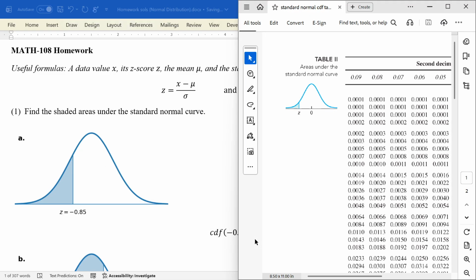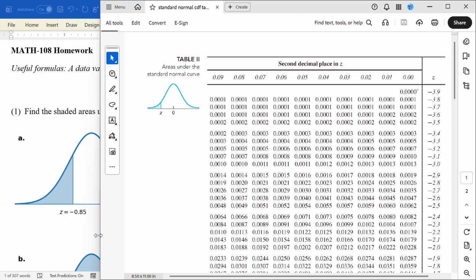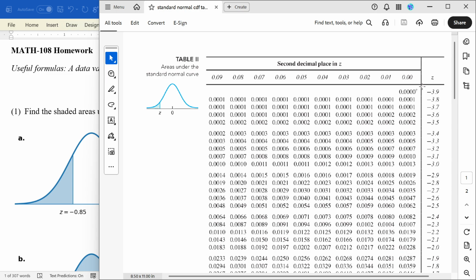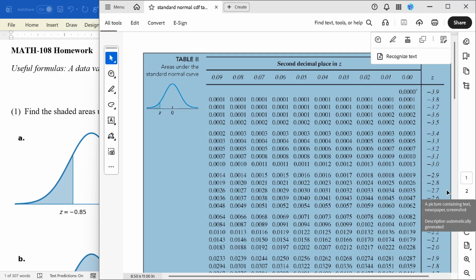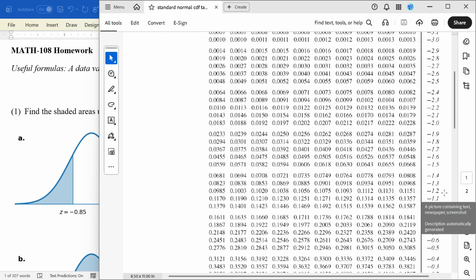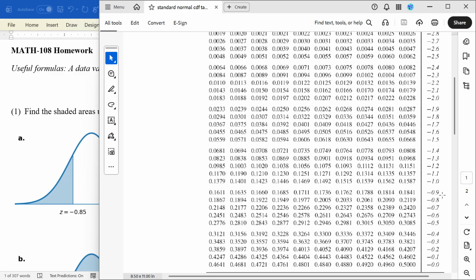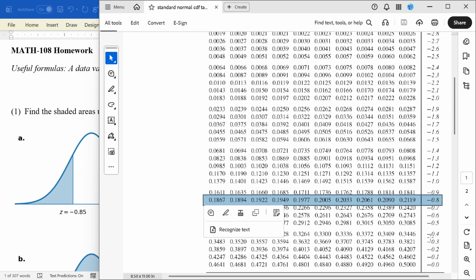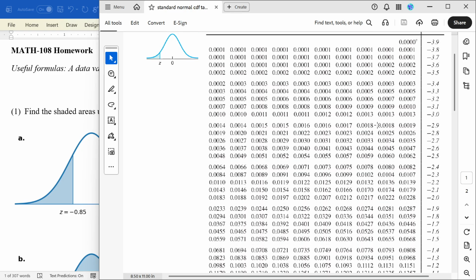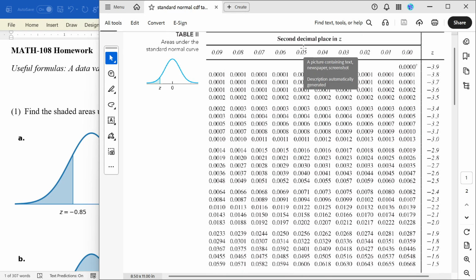All right. So we're going to use this table to look up the z-score of negative 0.85. I'm on the negative side of the table, which means the values here under z are negative. First I'm going to go to the row that starts with the right digits, negative 0.8. And then for my second decimal place, the hundredths place, I'm going to refer to the top, the column for 0.05, because I have negative 0.85.